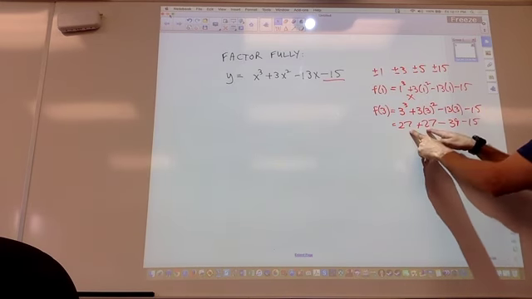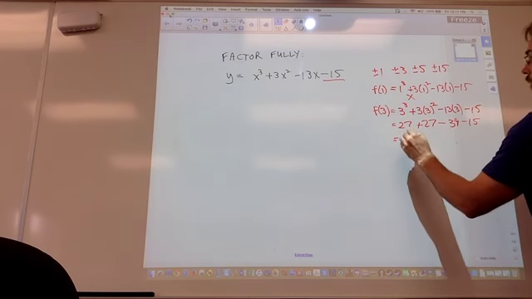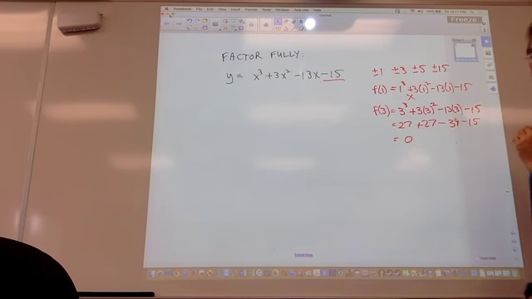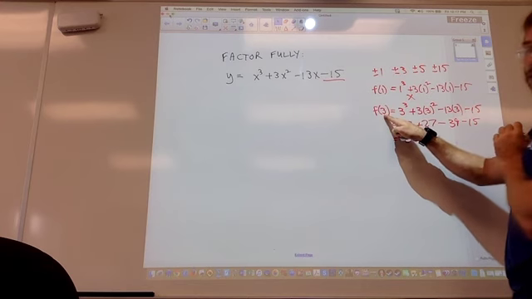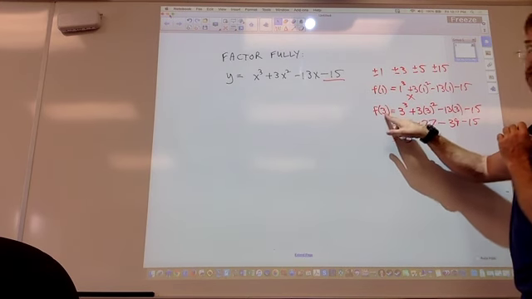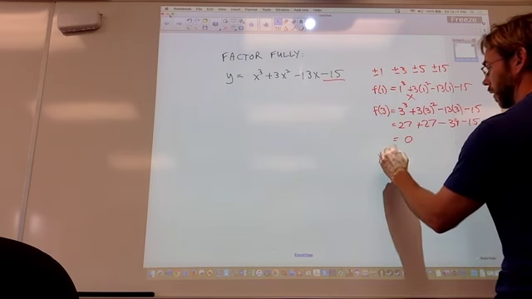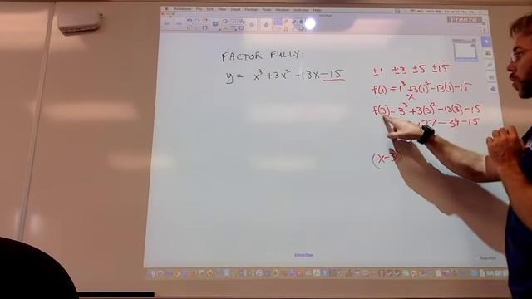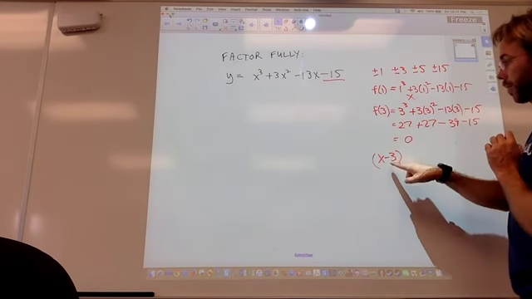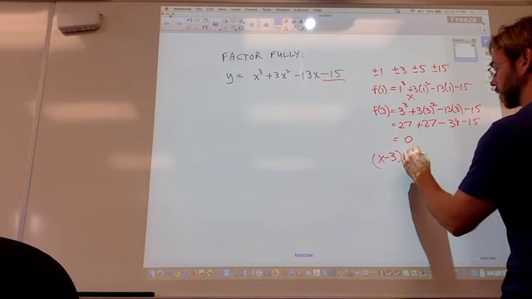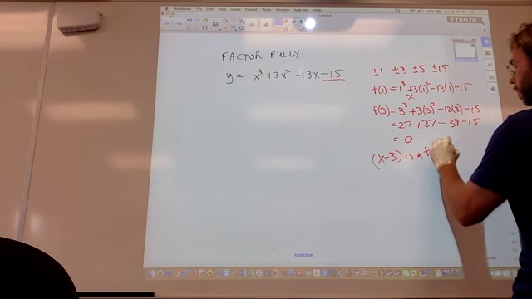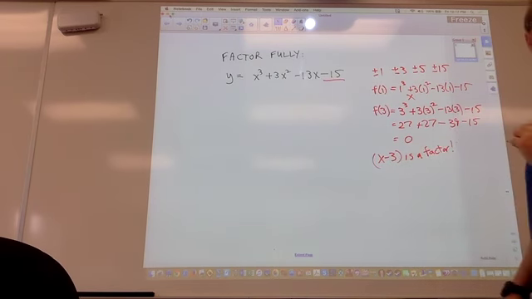I end up with 54 minus 54, which is 0. If plugging in 3 gives me 0, I know that this is an x-intercept. And the factor that goes with an x-intercept of positive 3 is the bracket x minus 3. So I've now found a factor.